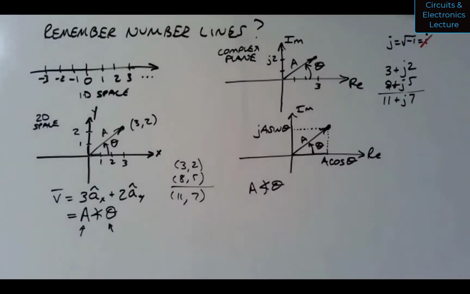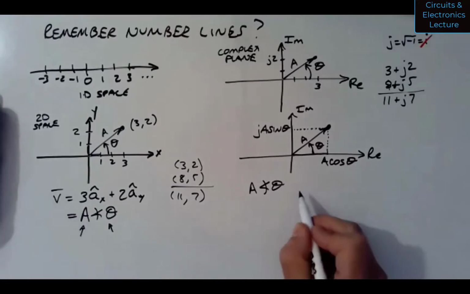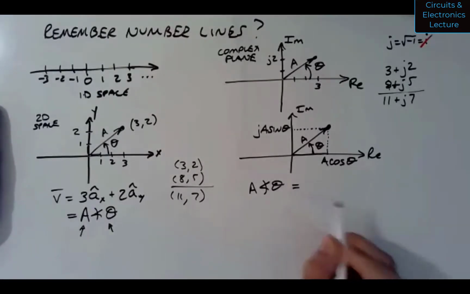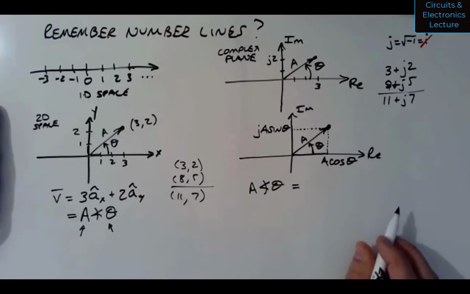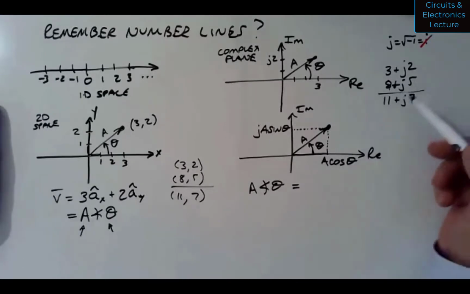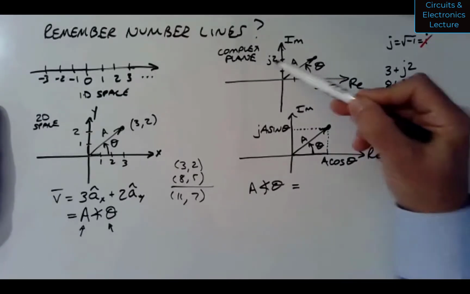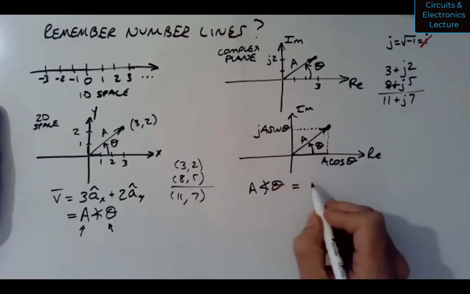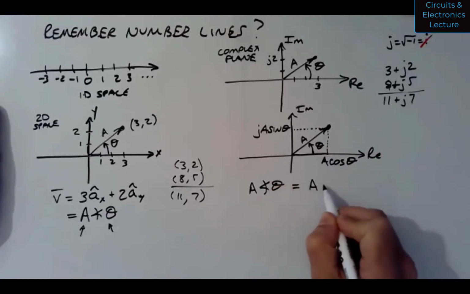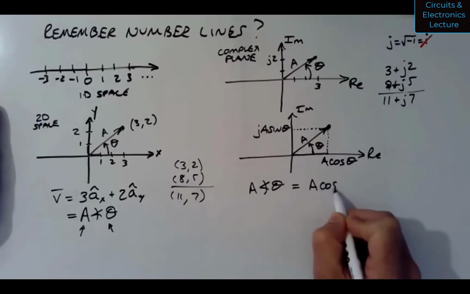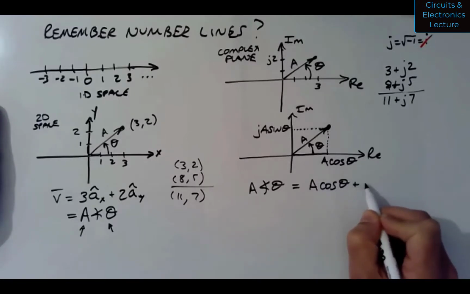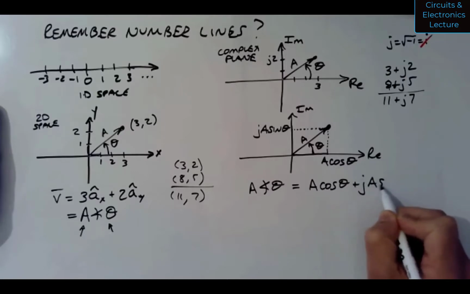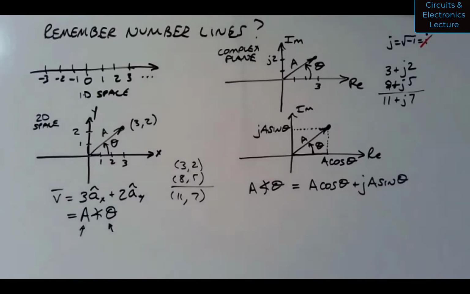That's one way to write it. Another way to write this is, just like up top, this was 3 plus j2, that describes that point. It's the real plus j, the imaginary part, a cos theta plus j a sine theta, right? It's describing the same points.